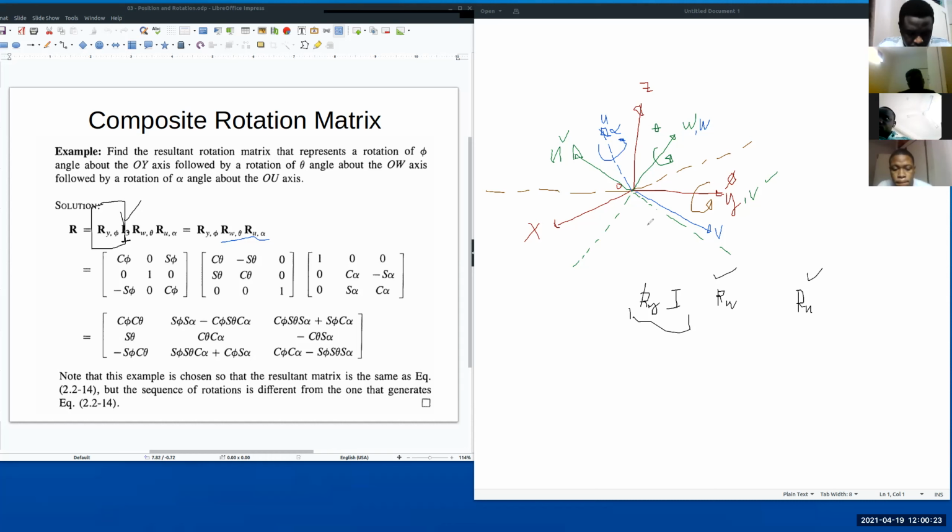So if you rotate from one frame to the next, then you always post multiply. Whatever your rotation now, whatever this term is, you always post multiply because you go into the next frame. You rotate onto the next frame. Now you rotate again into the next frame, you again post multiply. If there's another frame that will rotate again after that rotation, you post multiply and keep on post multiplying.